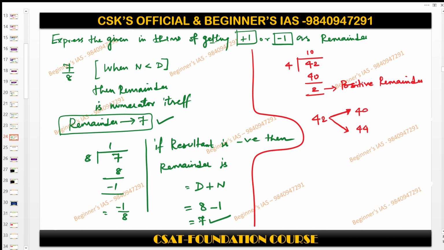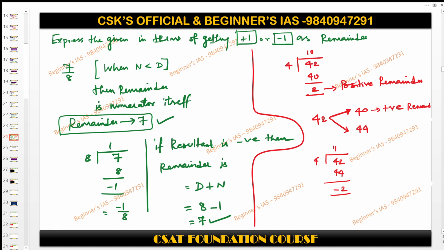So now listen. When you take 40 here, you are getting a positive remainder. When you are taking 44, what will happen? Let us take 42 here and 44 there, which means 4 into 11 times. So in this case, -2.